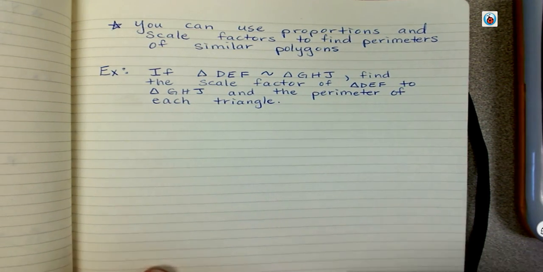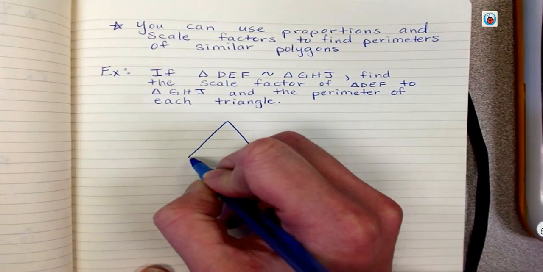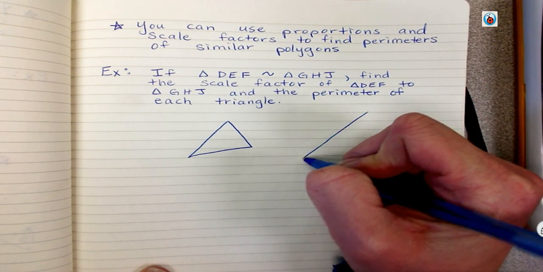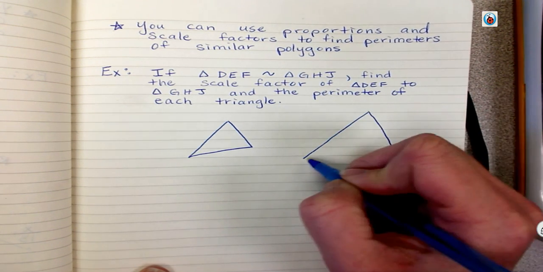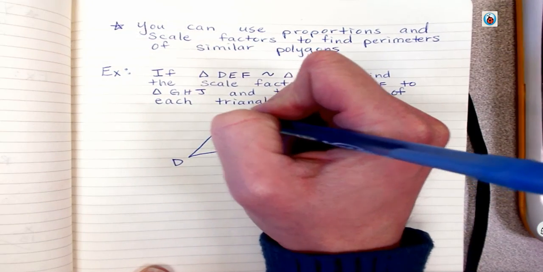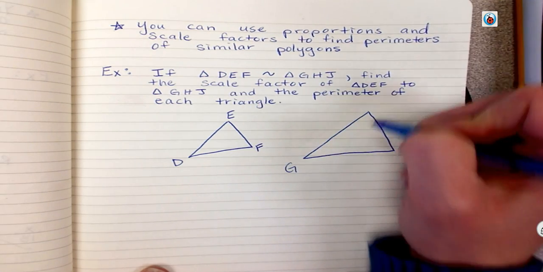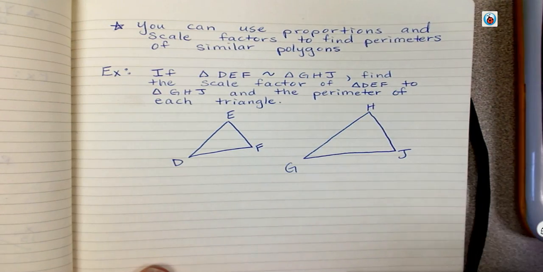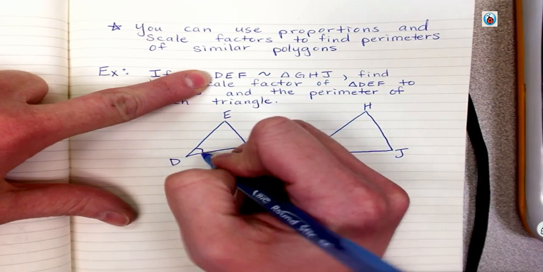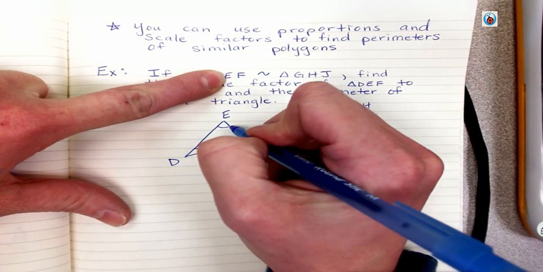So I can go ahead and sketch out two triangles here. I have D, E, F, G, H, J. Angle D and G are congruent. Angle E and H are congruent.